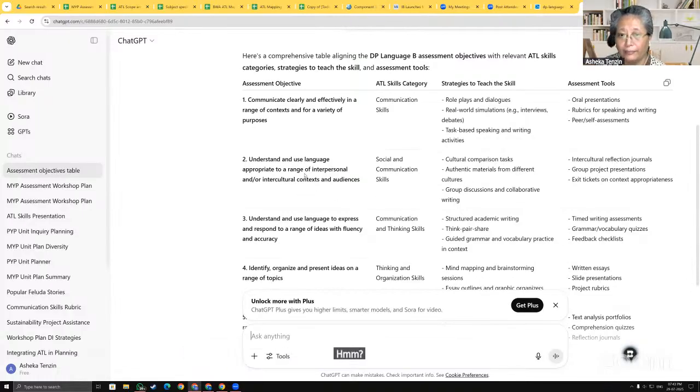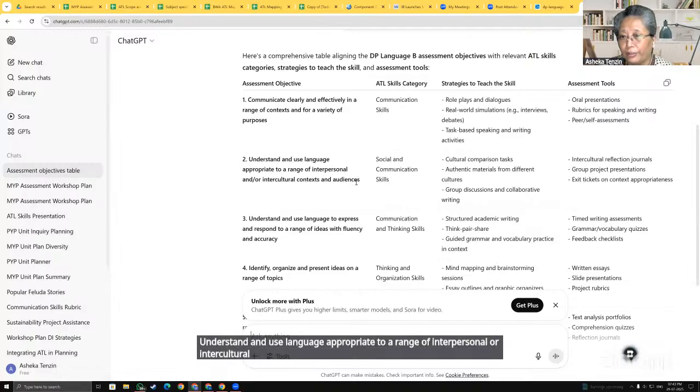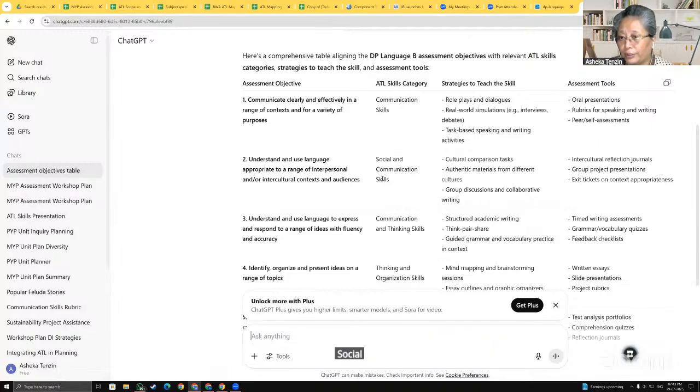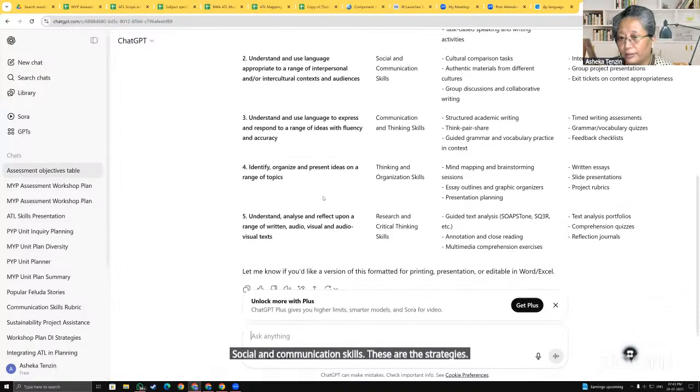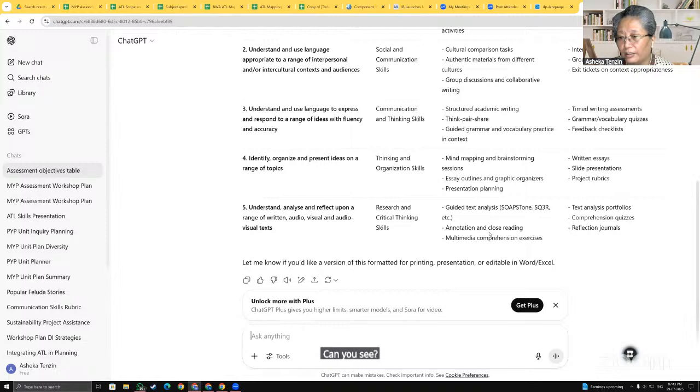Understand and use language appropriate to a range of interpersonal or intercultural contexts and audiences. Social and communication skills. These are the strategies. Can you see? Identify, organize, and present ideas on a range of topics. Thinking and organization skills.